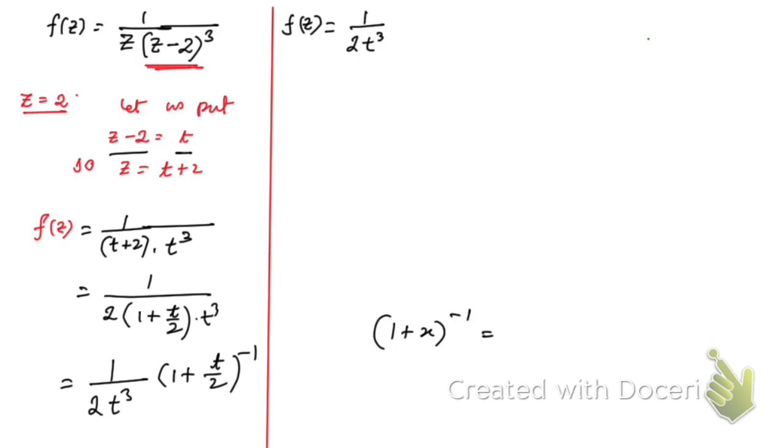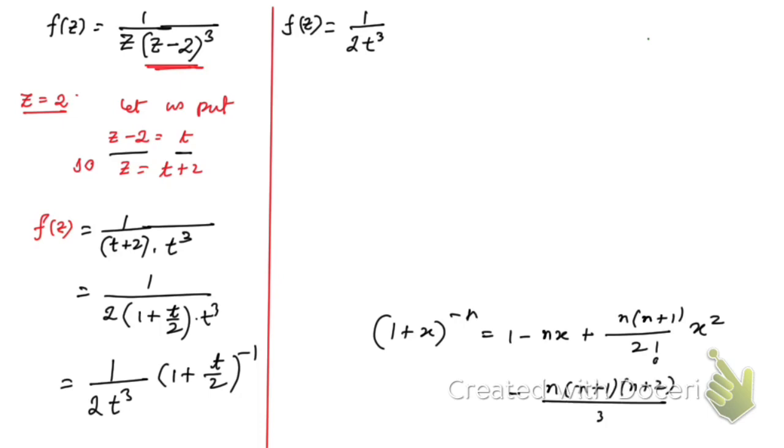We know that 1 plus x whole to the power minus n is equal to 1 minus nx plus n into n plus 1 divided by factorial 2 x to the power 2, then again minus n into n plus 1 into n plus 2 divided by factorial 3 into x cube, then plus again and so on. So wherever you see an odd power on x, put minus before the term, right? Hope you have understood this.